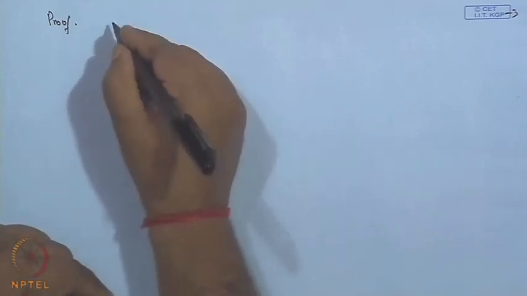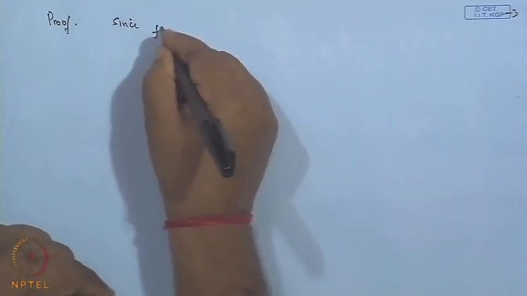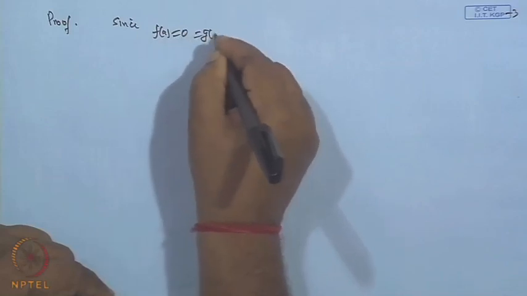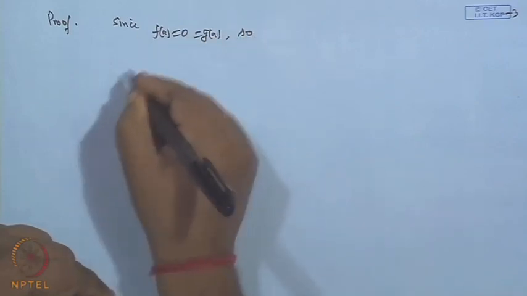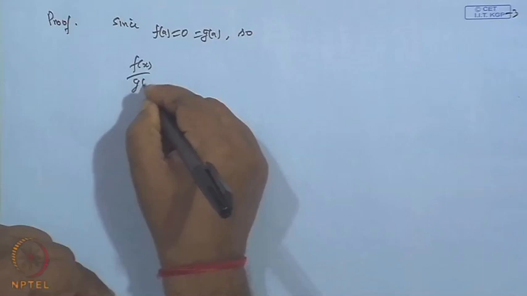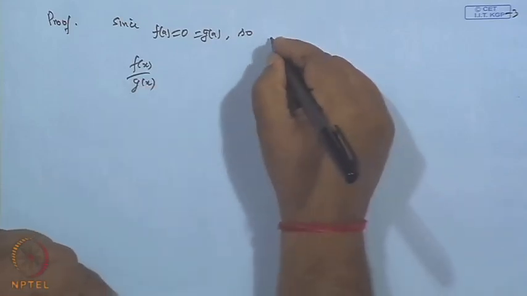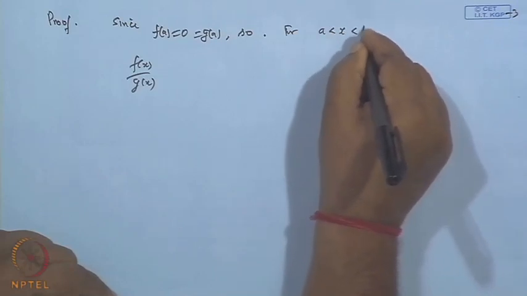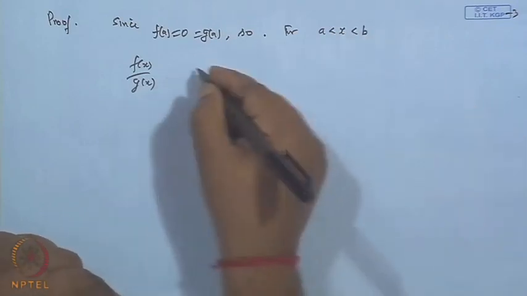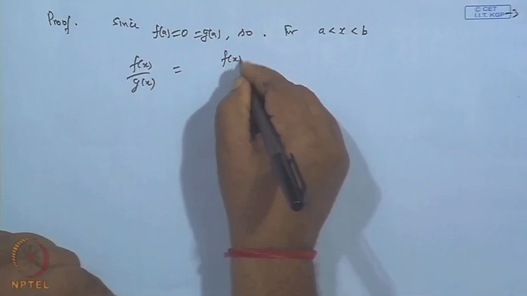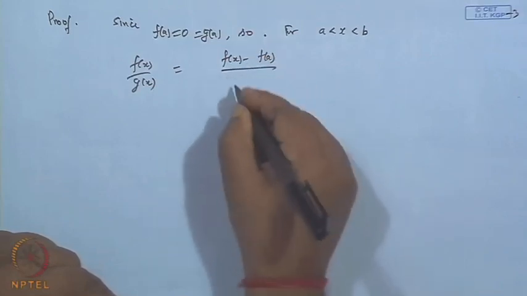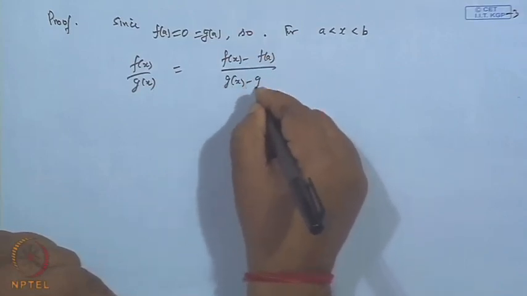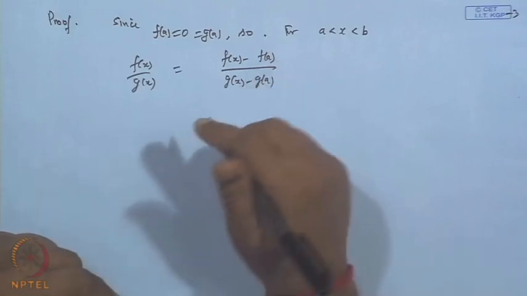Since f(a) and g(a) both are 0, for x lying between a and b, we can write f(x) by g(x) as f(x) minus f(a) over g(x) minus g(a), because these two values are zeros.